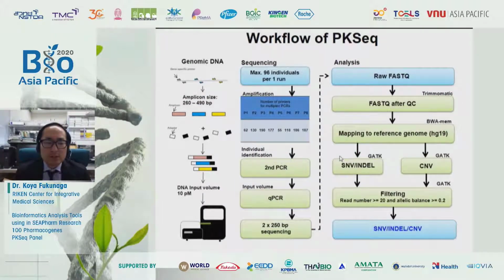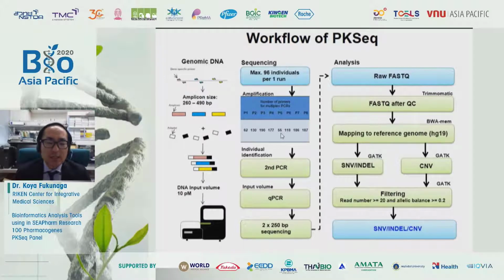We would like to show the workflow of PKSeq in detail. In one sequencing run, we can sequence 96 samples. We performed the multiplex PCRs 8 times without using a commercially available library kit.